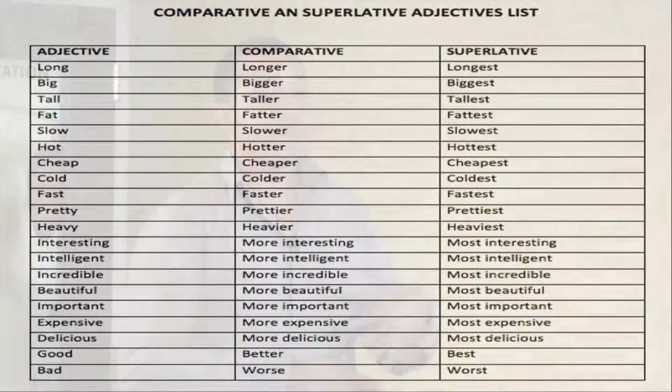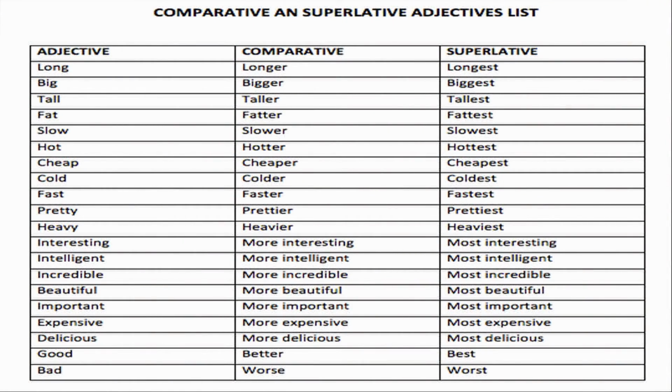Right. What we have here is a nice chart. We will not be going through every single one, but we will pick out a few of them and talk about how they relate to what we've spoken about before. So you have long, longer, longest. One syllable, you have your -er, you have your -est, normal. Let's take cold, colder, coldest, or something like interesting, more interesting, and most interesting.